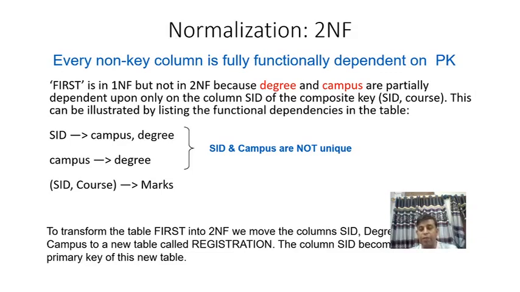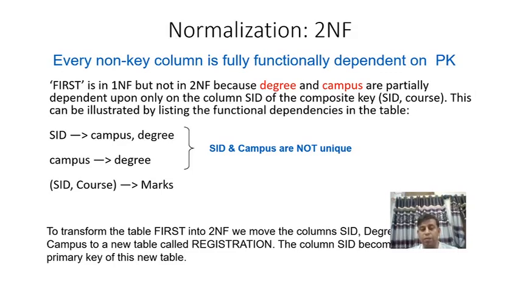Collectively, these two attributes serve as the primary key, and every non-key attribute must be fully functionally dependent on both, SID and course, because collectively this is the primary key.